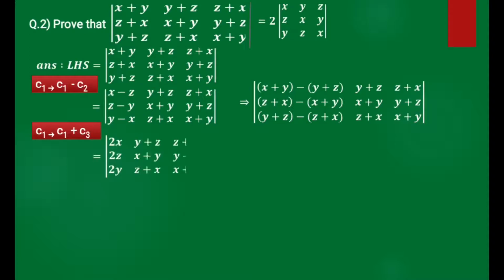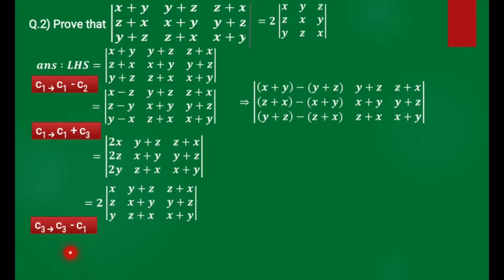So elements of first column are x plus x twice x, z plus z twice z, y plus y twice y, and elements of second column, elements of third column we keep as it is. Then we take 2 common from first column, so we write 2 in a determinant, elements of first column x, z, y. After taking 2 common, elements of second column, element of third column we keep as it is.